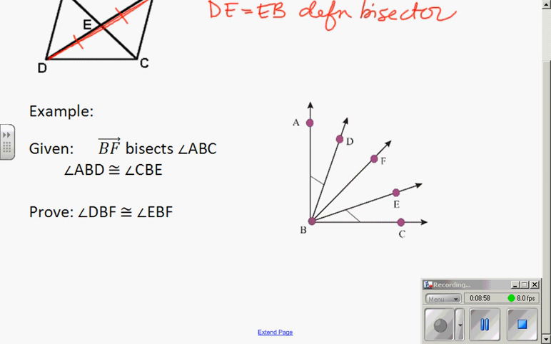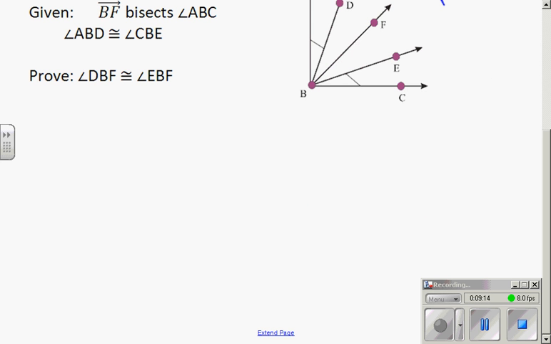Now we're going to start working on a proof. And the biggest thing is to mark your picture. Put down what you know, what does it give me, what kind of number sentence can I make from that. So here we go.